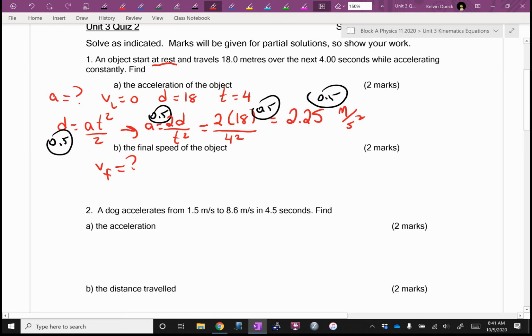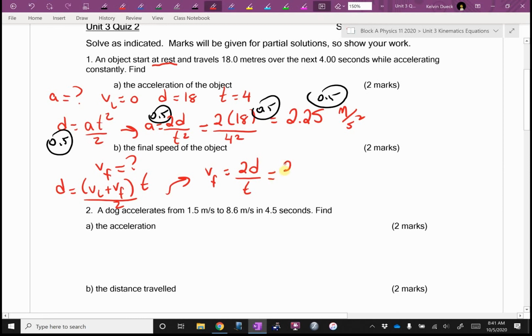I think I can also use D equals bracket VI plus VF times T over 2. I think I can say that 2 times D divided by T minus VI equals VF. Do the brackets last. Although since VI is 0, I could have just done that, actually.